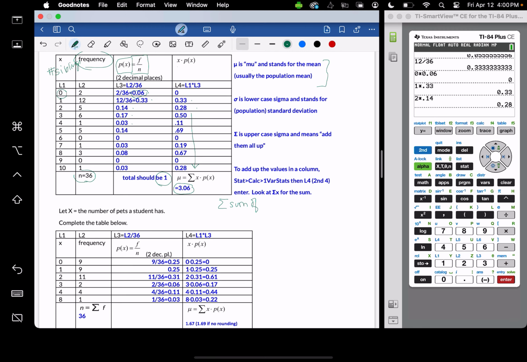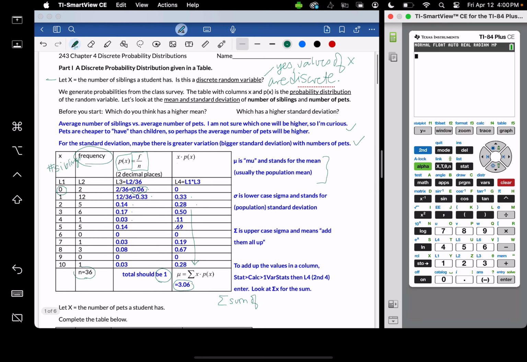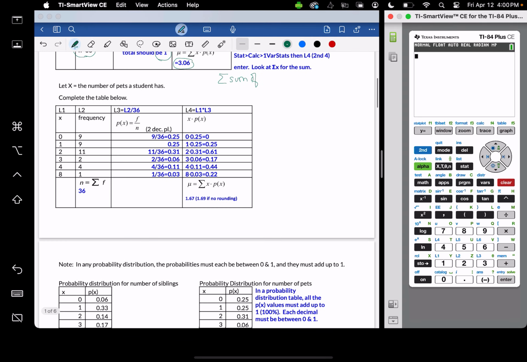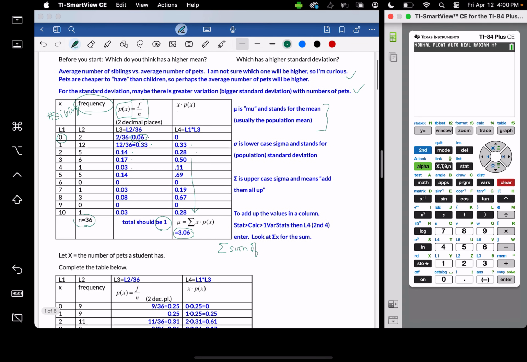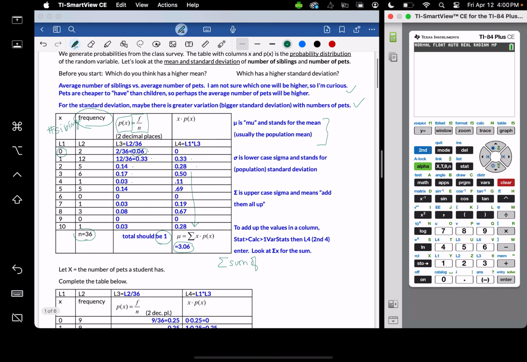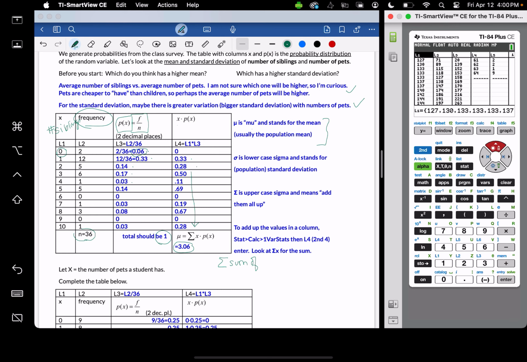So I'm going to clear out this screen. I'm going to go into, did I have these instructions on here? I think I did. I'll walk you through the process. So I go into Stat, Edit, and I did want to show you that when you have the old data values, these are the apples, potatoes, and onions, I can arrow up onto the title of the column, press clear, and arrow back down.